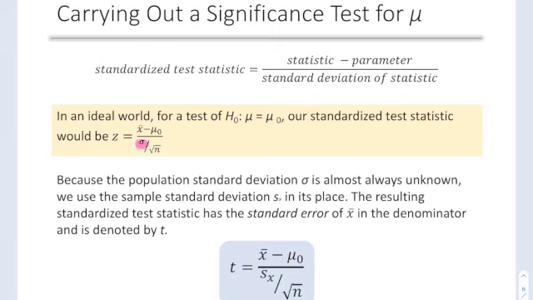We would know the standard deviation of the population. That'd be great. But then if we know the population standard deviation, then that means we have all the data and we don't really need to do any of this. But because it's pretty much never known, we use the sample standard deviation. So the resulting standardized test statistic has the standard error of x bar in the denominator.